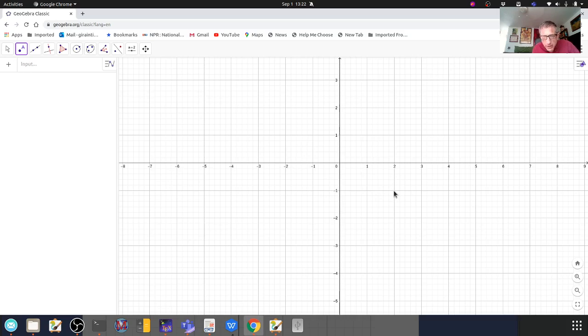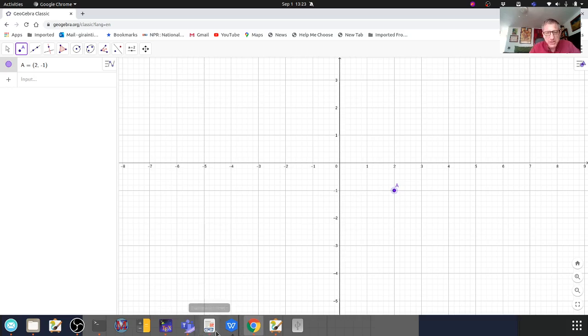Yeah, here we go. Better. And now you can see here that my point A has the coordinates 2, -1. And this is the first quadrant, second quadrant, third quadrant, and fourth quadrant. So A lies in the fourth quadrant.